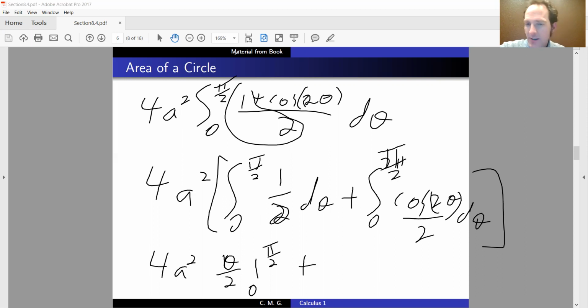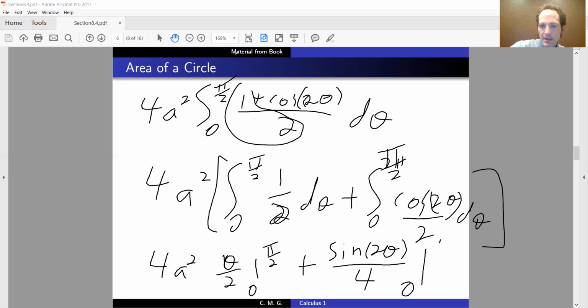Plus, now I can integrate this one as well. The antiderivative of cosine of 2 theta is sine of 2 theta over 2, since the 2 theta is like a u substitution, which introduces an extra 2 in the denominator. So that's a 4. And then I have that evaluated between 0 and pi over 2.